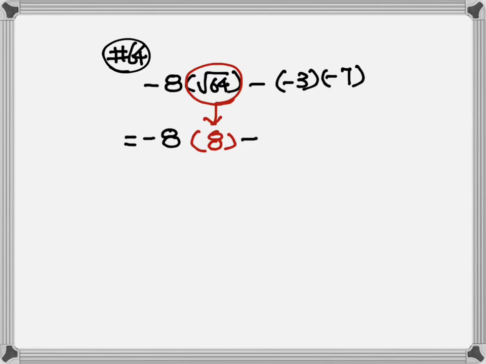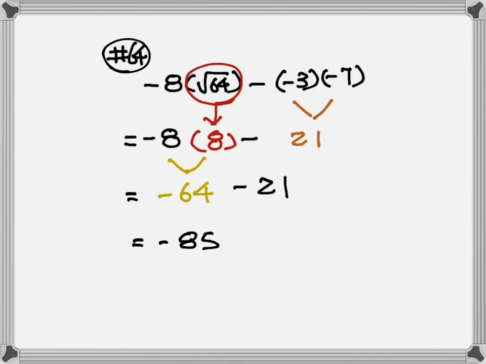Next, we're going to multiply the two numbers. Negative 3 times negative 7 gives you positive 21. And after that, let's move to the two front numbers. Here we have a negative 8 times a positive 8. Gives me a negative 64. Bring down the minus 21. Now you have negative 64 and negative 21. Both negative. Again, you add. So that gives you a negative 85. Now, let's look at number 66.